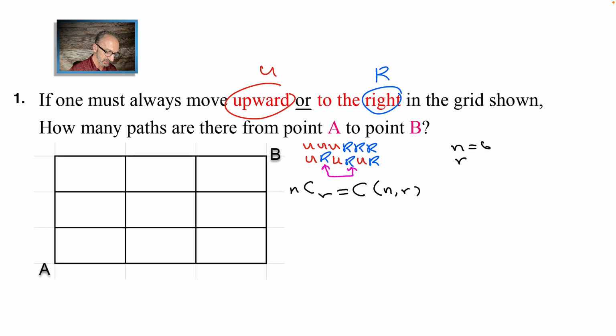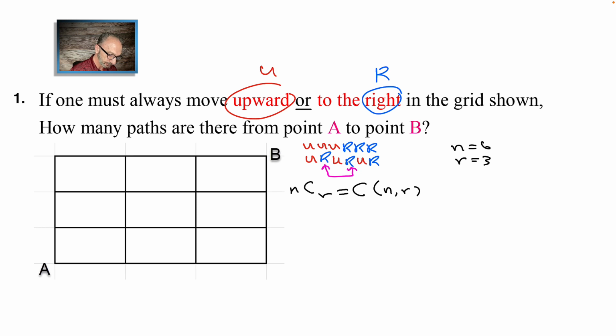Focusing on R, we could use r equals 3. Of course, if you want to focus on U, that's also r equals 3. It doesn't matter. If there is only 1 up and 5 right, I could use r as 1 or 5. Either way, it's going to give you the same answer.